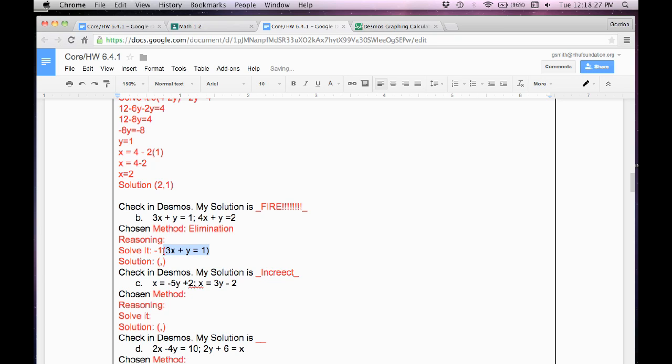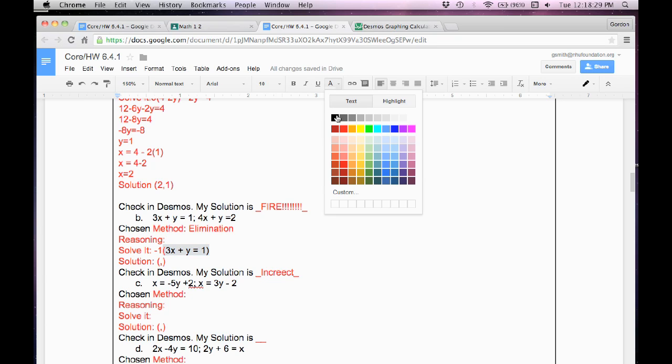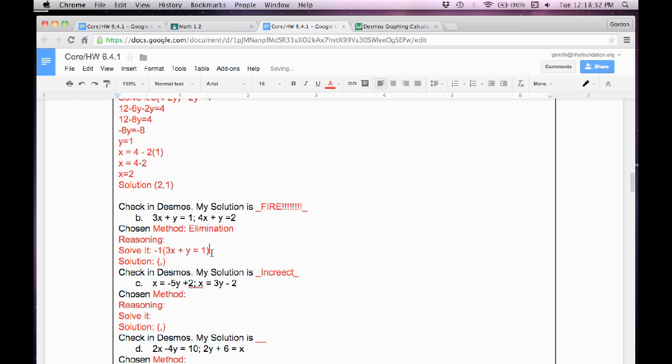So I'll make all that red to show that it's my work. And we get negative 3x minus y, because it distributes to everything, is equal to negative 1 times 1 is negative 1.